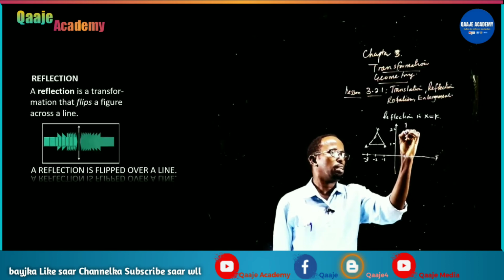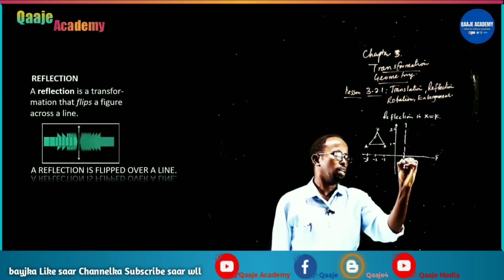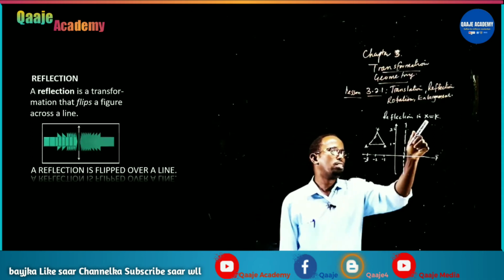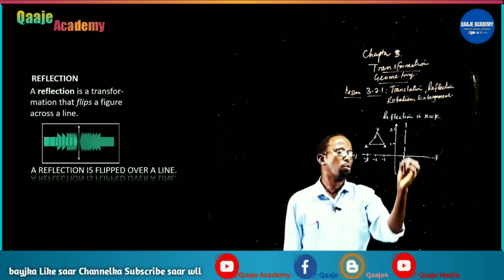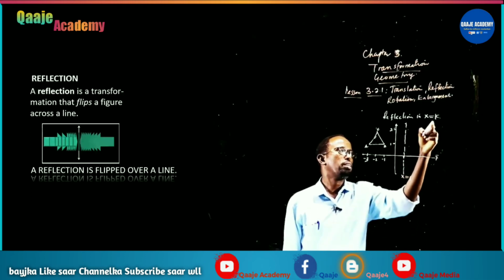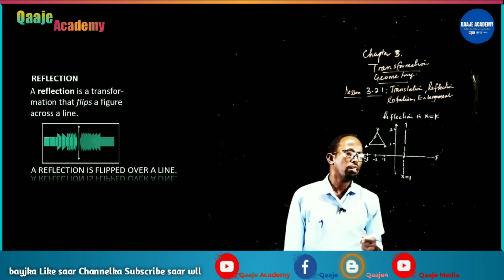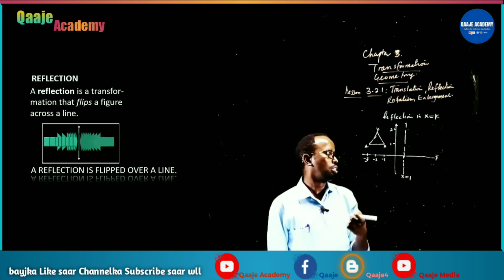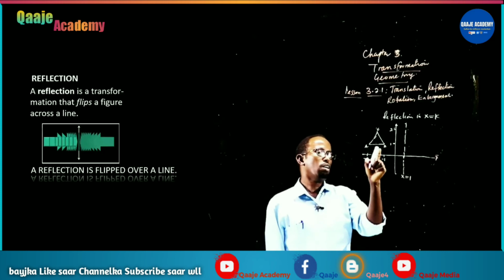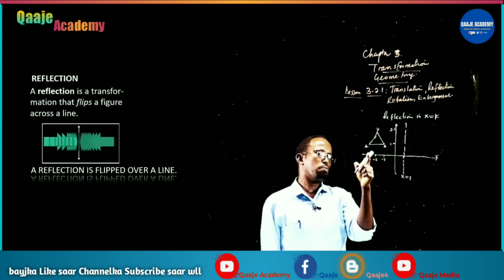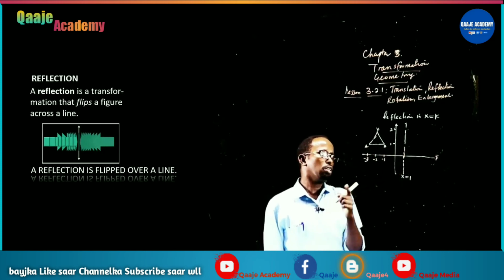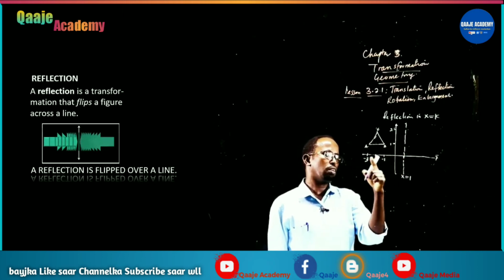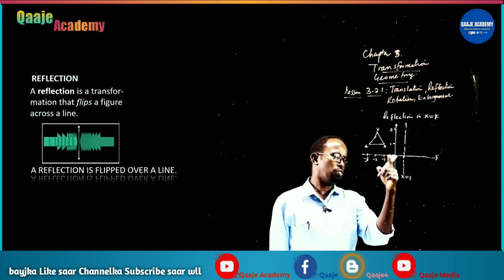So this is my mirror line, x is equal to k. Therefore, k is 1 here. There are two ways: one way is you count the boxes, or you can use the general formula. For example, the distance from A to the mirror: from A to the y-axis is 3 units, and then you add 1, you have 4 units.